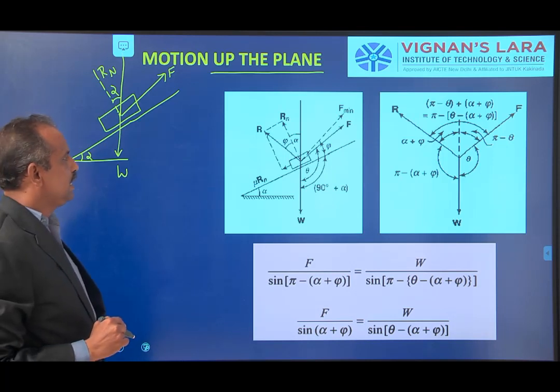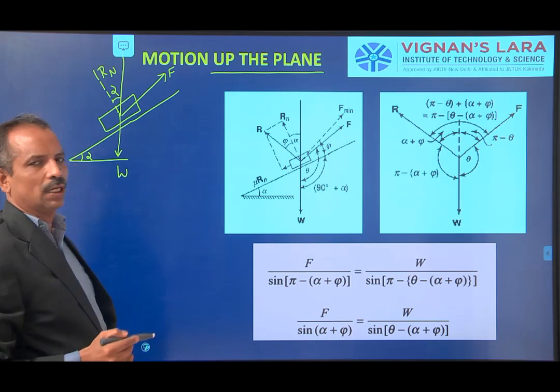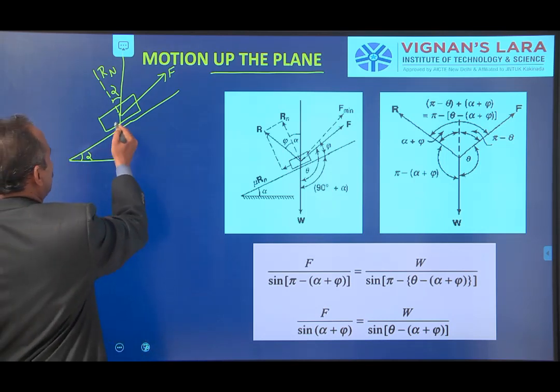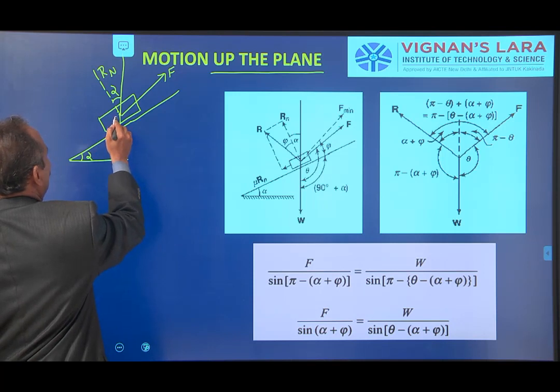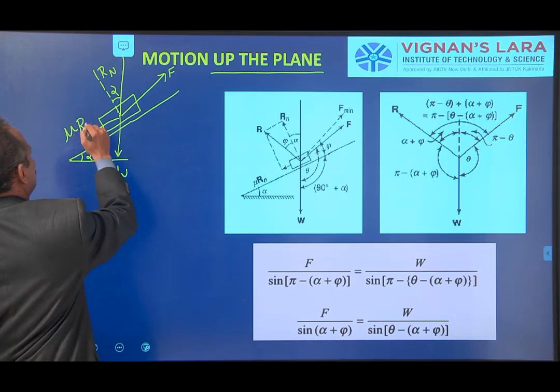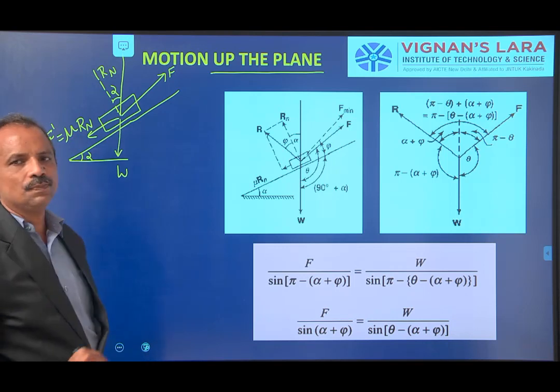This force causes the body to move in the upward direction, then there is a frictional force which acts in the opposite direction, downward. So you have frictional force which is mu Rn.